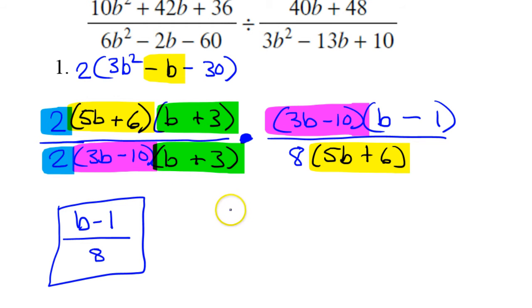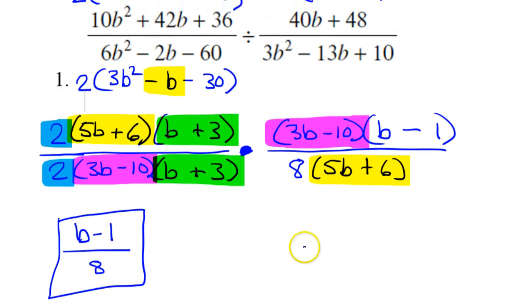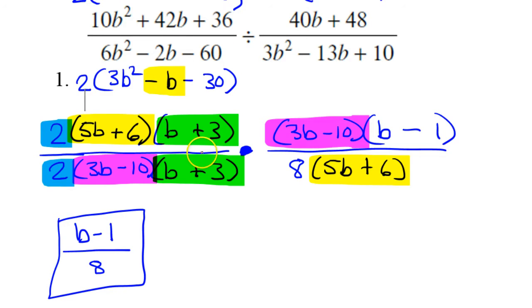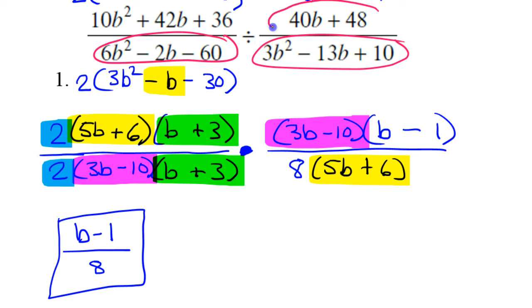Now, we need to talk about excluded values. All right, we need to write those down. Okay, so the restricted values are going to come from this denominator and this denominator, and it's also going to come from here, all right, because we're going to wind up turning this upside down.